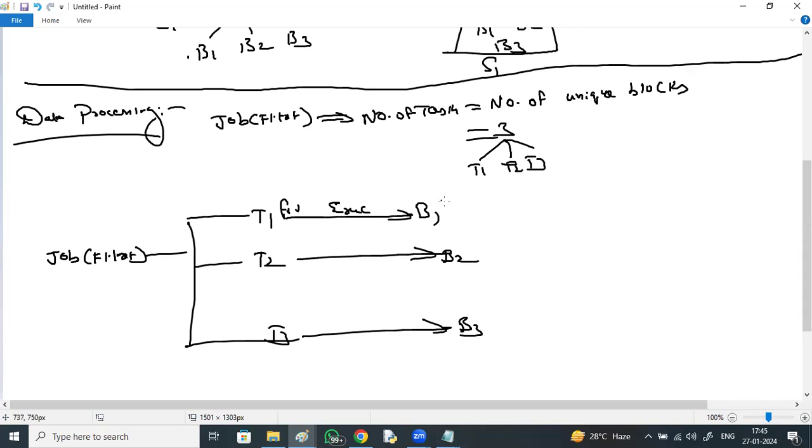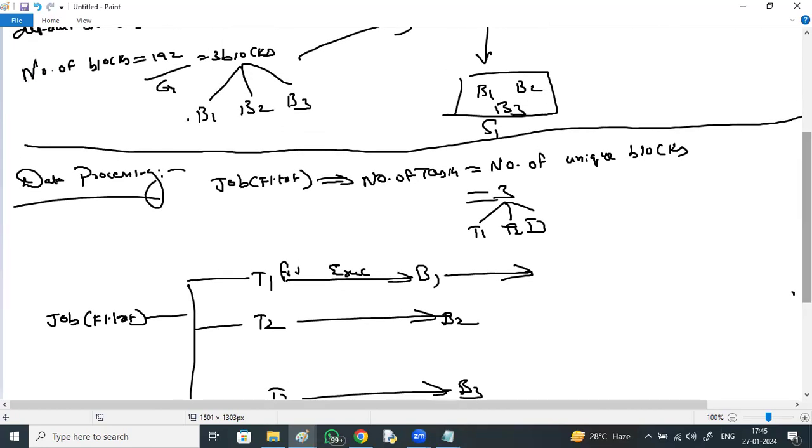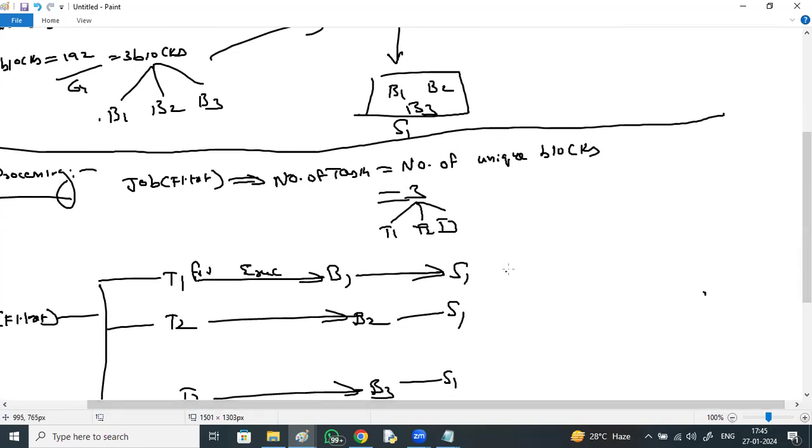Who should execute the T1 task? S1. T2, S1. T3, S1.